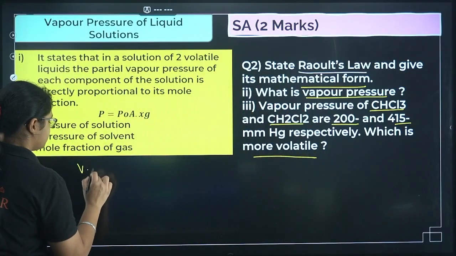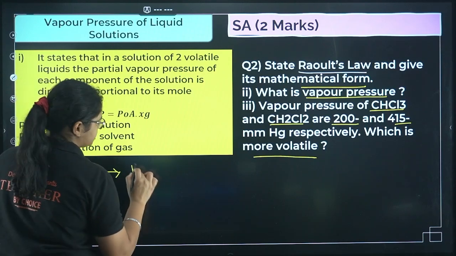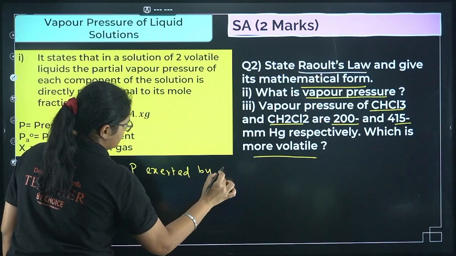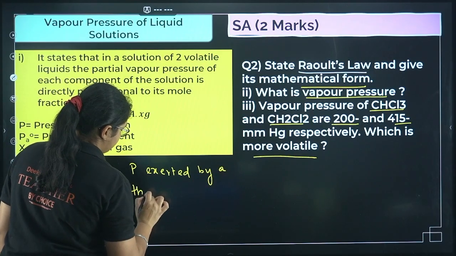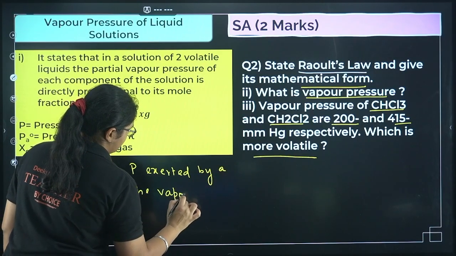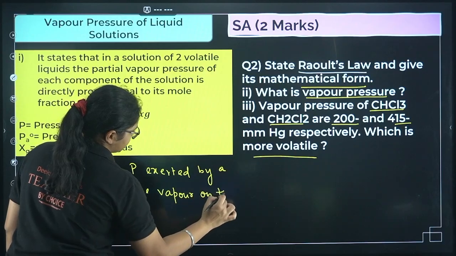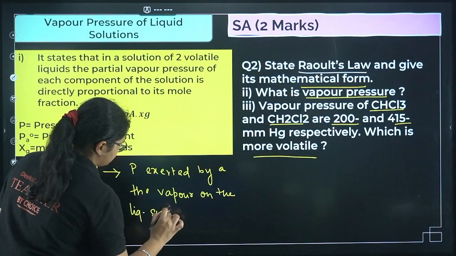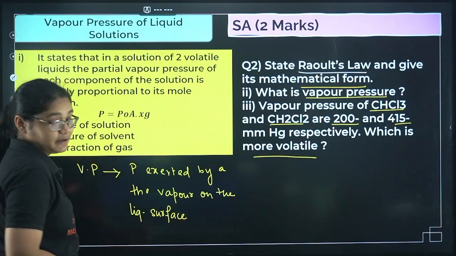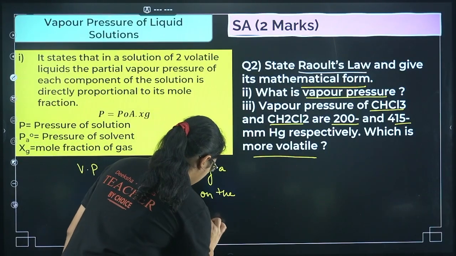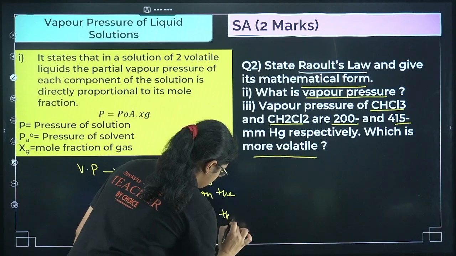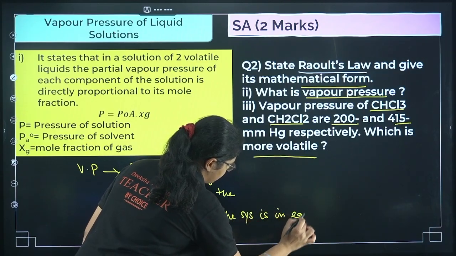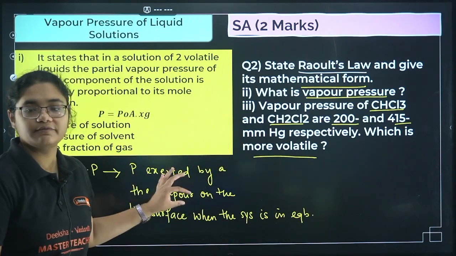Vapor pressure is the pressure exerted by the vapors on the liquid surface when the system is in equilibrium. Okay, this is about vapor pressure.